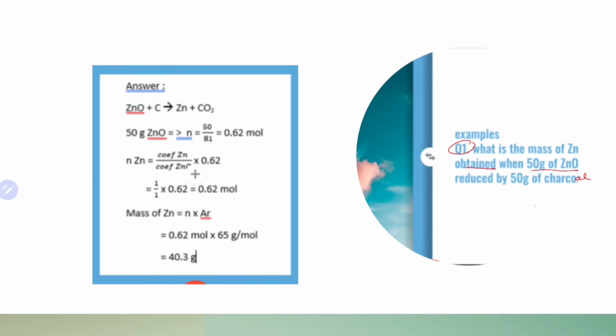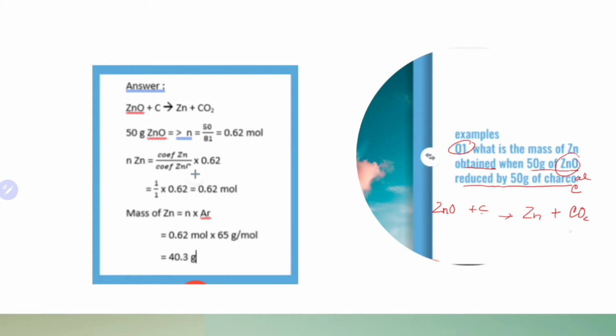So zinc is the product on the right hand side. ZnO, zinc oxide, is reduced by charcoal, or C. So these 2 are reactants, ZnO plus C. There is oxygen here, and carbon plus CO2.